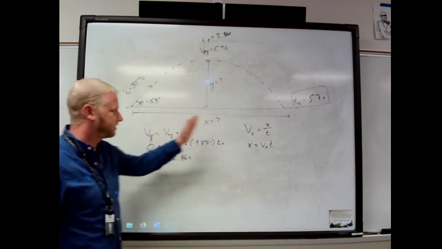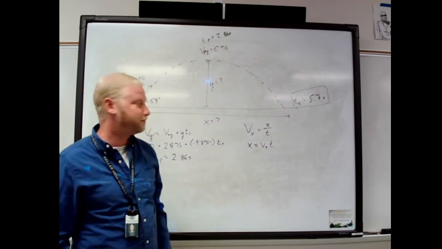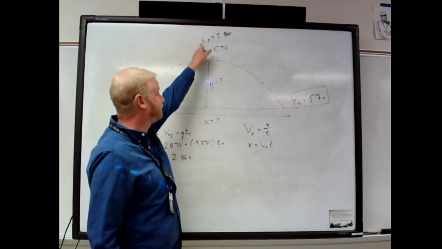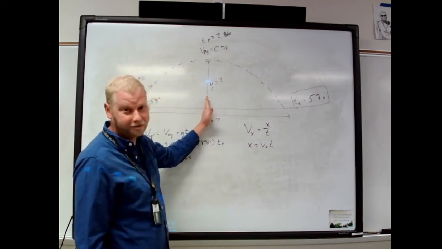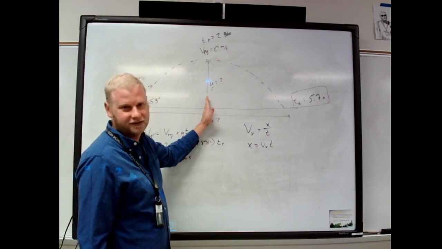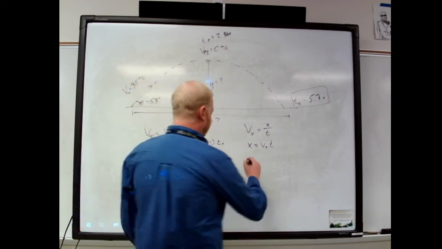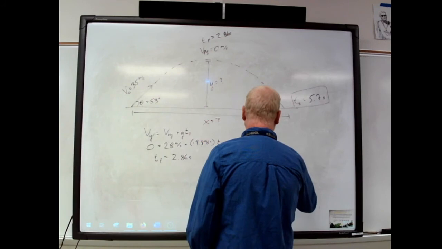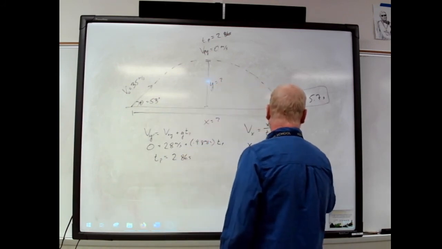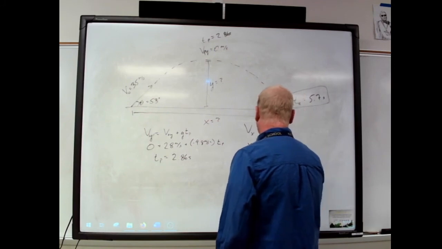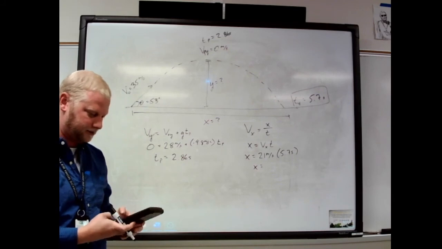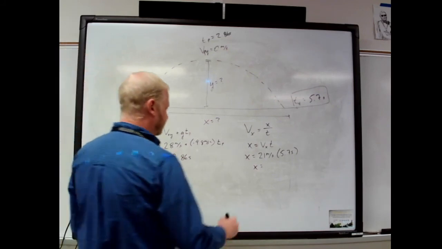Well, if we want the range, the time that we need to be plugging in is your total time. Now, if you plugged in your peak time, you would be only finding how far it went horizontally to the halfway point. So x is equal to that 21 meters per second constant speed times 5.7 seconds. So our range there, 5.7 times 21, is 120 meters.